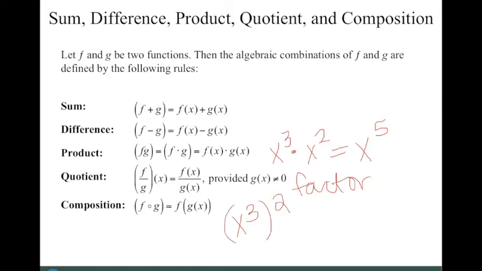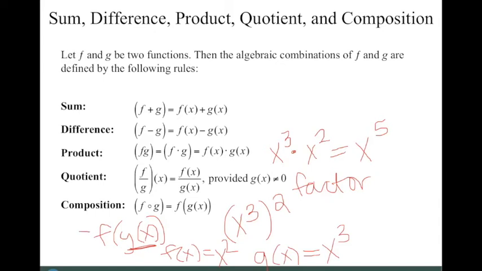What this would be is f of g of x. f of x, that's the one on the outside, and the function on the outside here is x squared. g of x, that's the one on the inside, is x cubed.